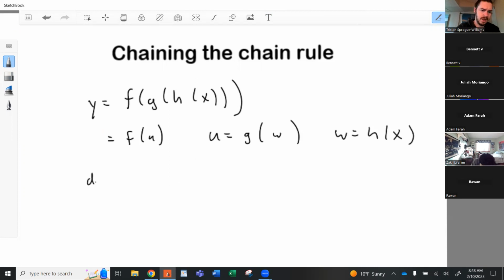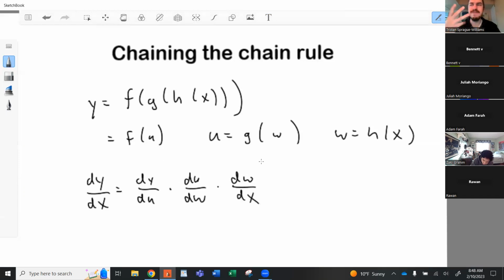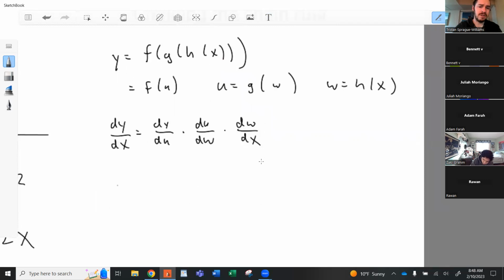Then dy over dx is dy over du times du over dw times dw over dx. This is with three functions, two compositions. So what it looks like is f prime. I'm going to highlight the derivatives in red here. I got f prime.